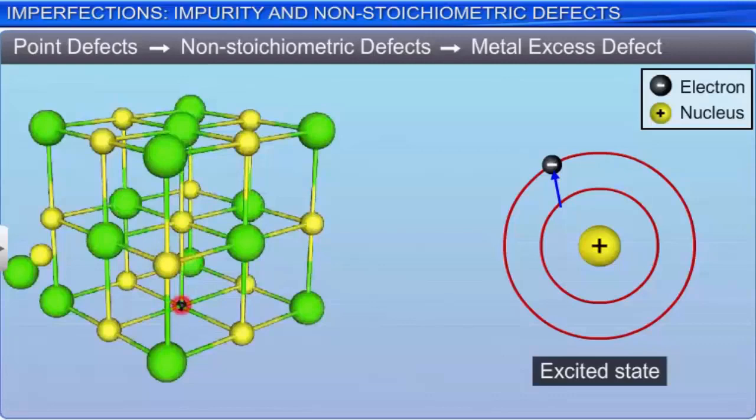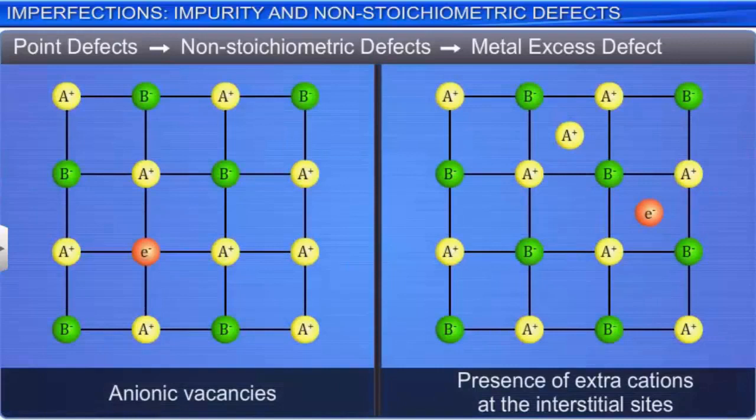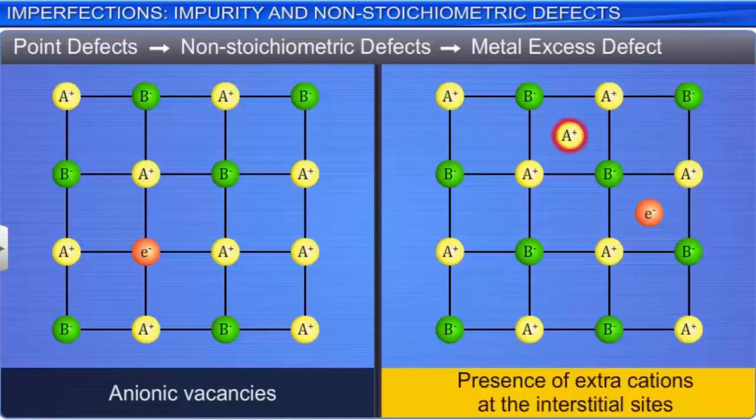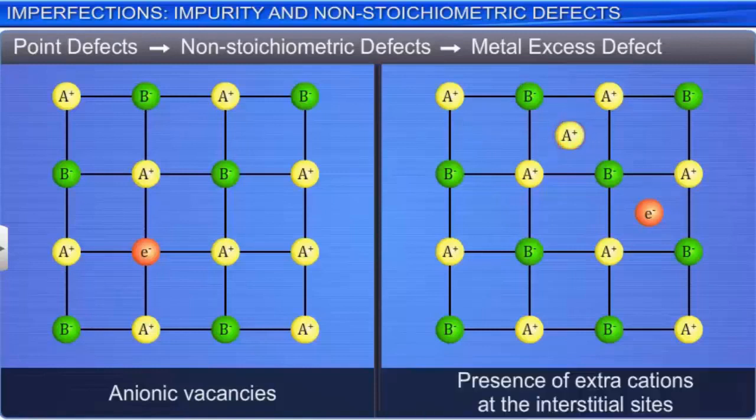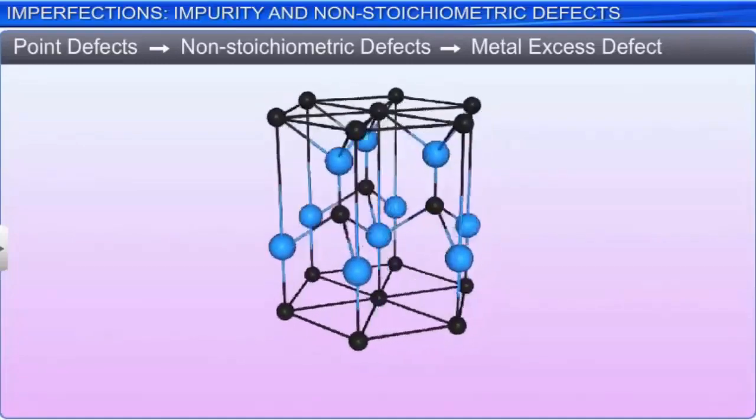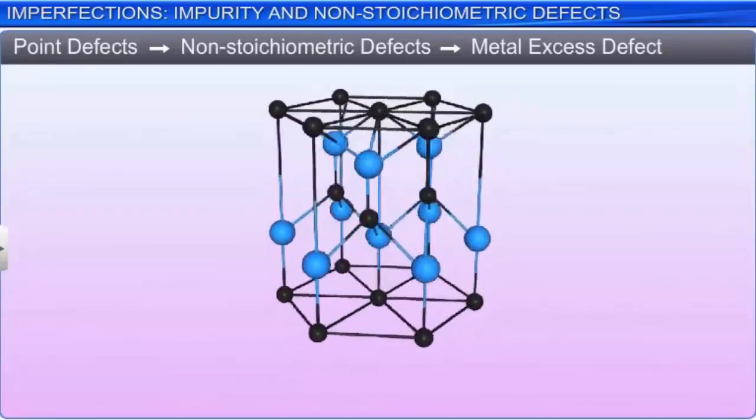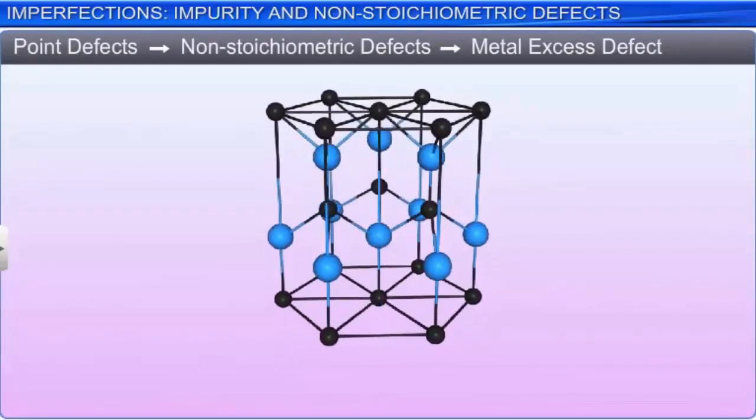Now let's see how a metal excess defect arises due to the presence of extra cations at the interstitial sites, with zinc oxide as an example. Zinc oxide is a white solid at room temperature.